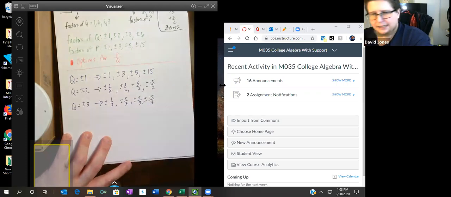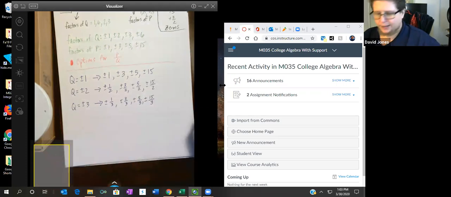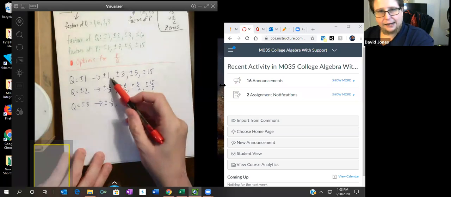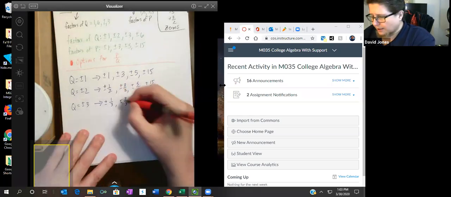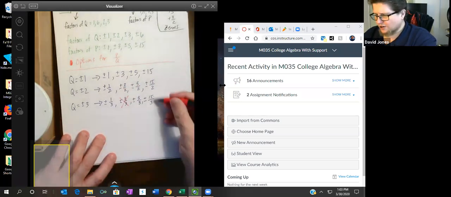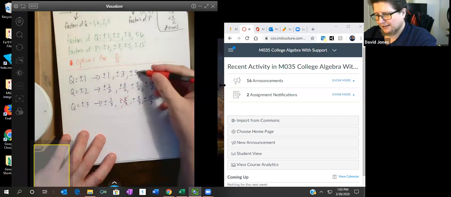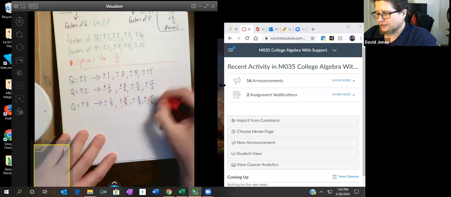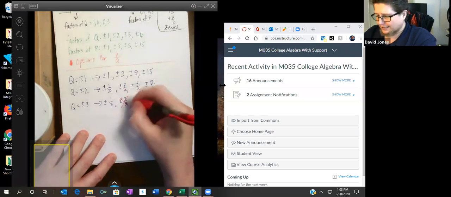Now, I want simplified options. 3 over 3 simplifies to 1. And I already have 1 listed. I'm going to cross that off. 15 over 3 gives me 5. And I already have that. I'm going to cross that one off. I don't need those options because I already have them listed.